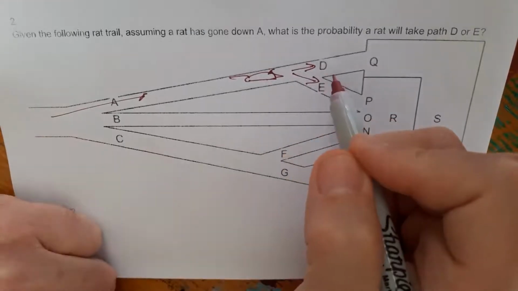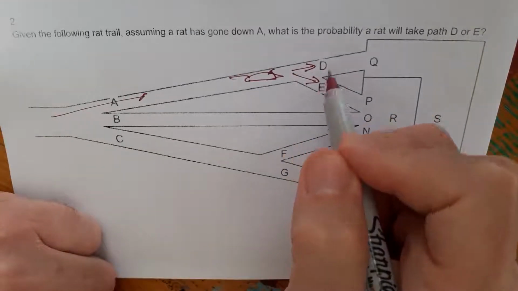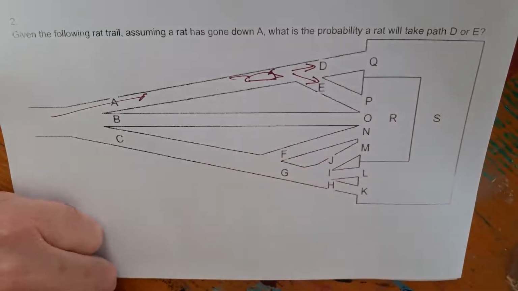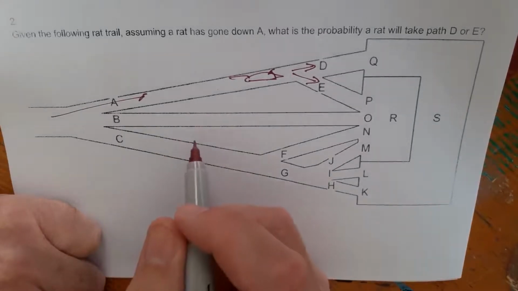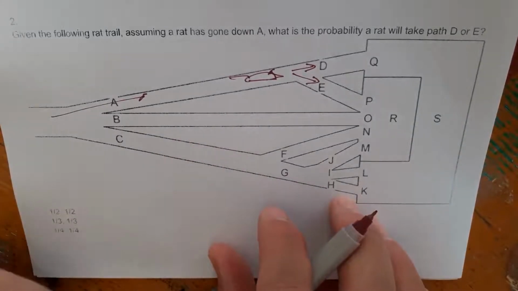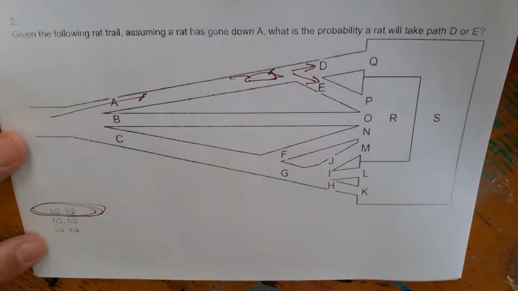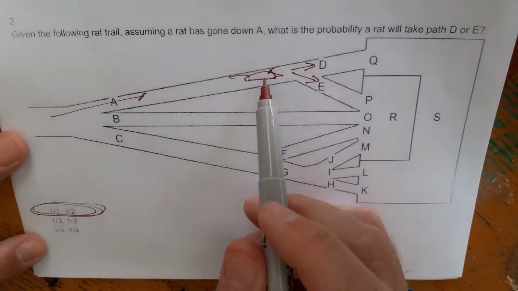What's the likelihood of going down each? 1/2 this way, 1/2 going this way. 50% going this way, 50% going that way, right? And just think of it as 100 divided by 2 would be another way to look at it. So 1/2, 1/2. That's the probability that the rat's going to either go down D or E as long as they're here.